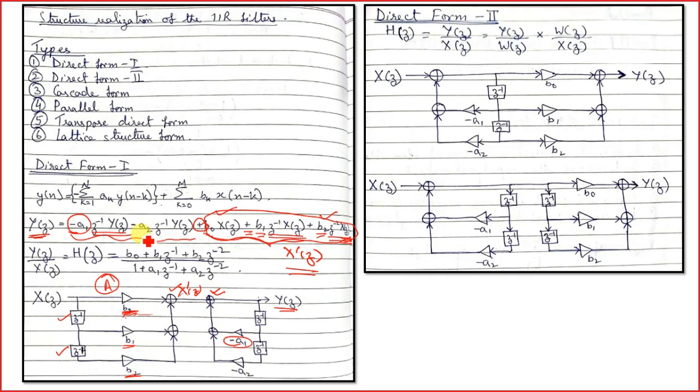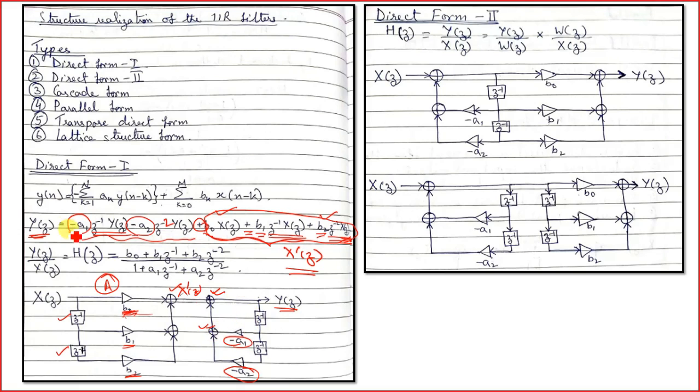Similarly, we have, sorry, this should have been the Z to the minus 2. So A2 Z to the minus 2, it is being delayed by 2 units, and then it is also getting multiplied by minus A2, and then it is getting added up again over here with the X dash Z and the Z inverse YZ component.